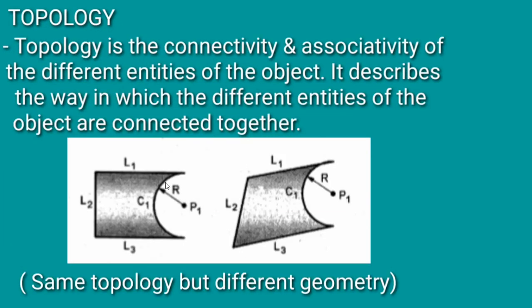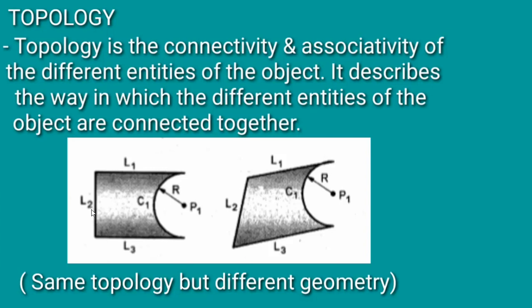Now topology. If you observe this diagram, L1 shares a vertex point with L2 and C1. Here is L1, which shares the vertex point with this L2 and C1.